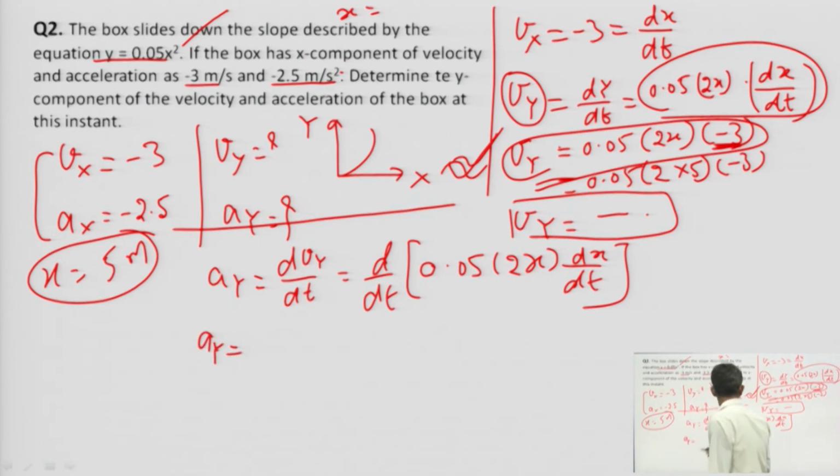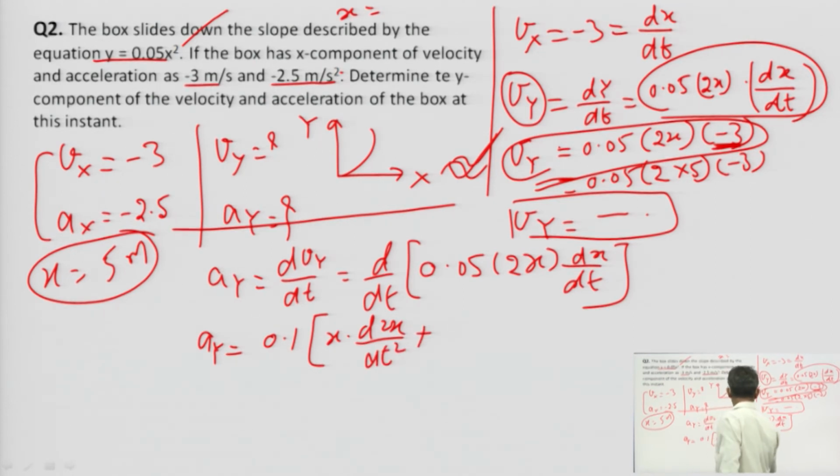So ay is equal to 0.05 into 2, it is 0.1. Take it outside. So it is x into d2x by dt square plus dx by dt into dx by dt.